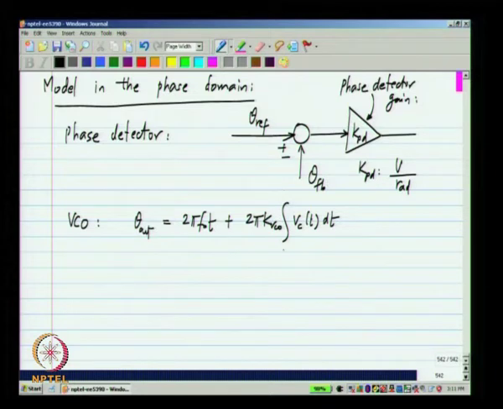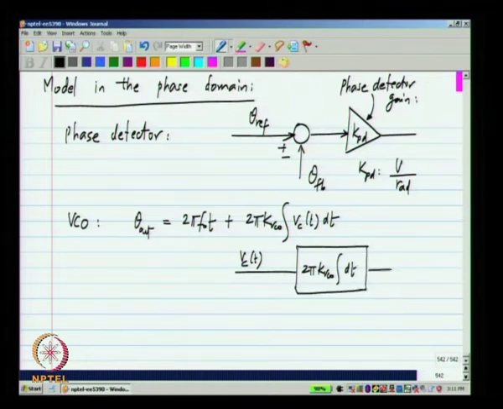Here we will be modeling only the phase. So, we take VCO of t, integrate it, add this ramp of 2 pi f naught t, and so the output will be the phase of the VCO.